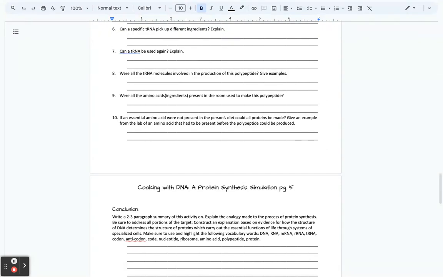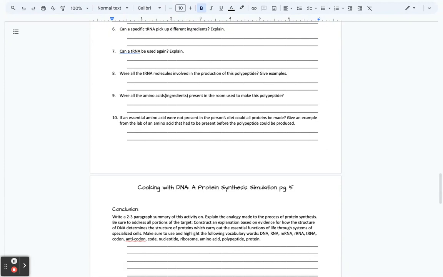I guess just looking at what you saw on the back counter, that would answer that question, right? And then were all the amino acids present in the room used to make this polypeptide? No, there are lots of different combinations that it could be, right?